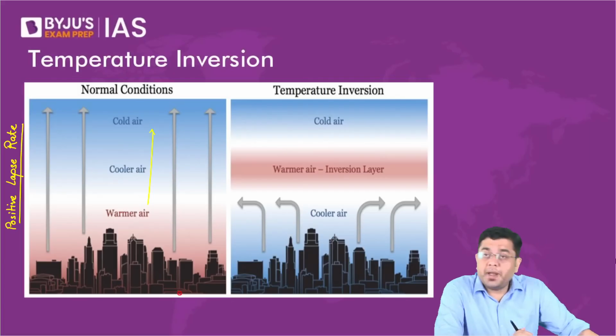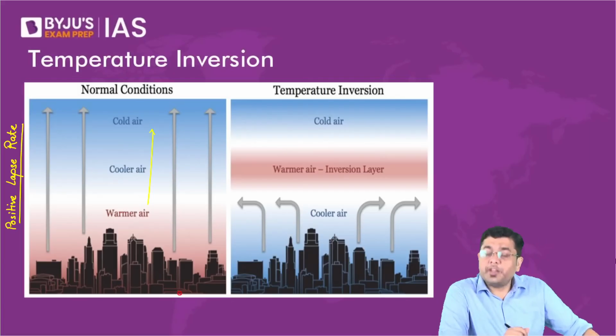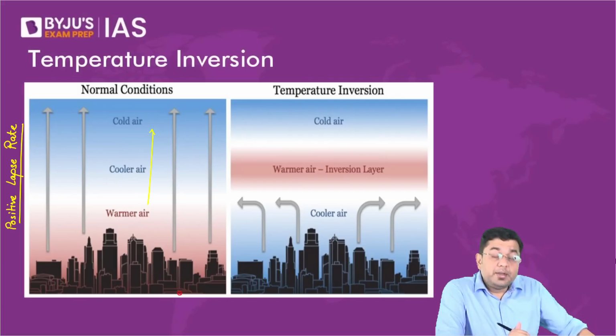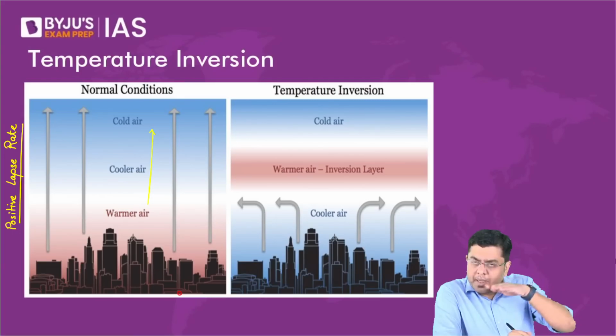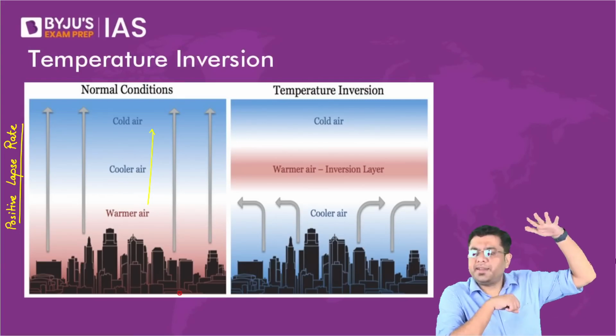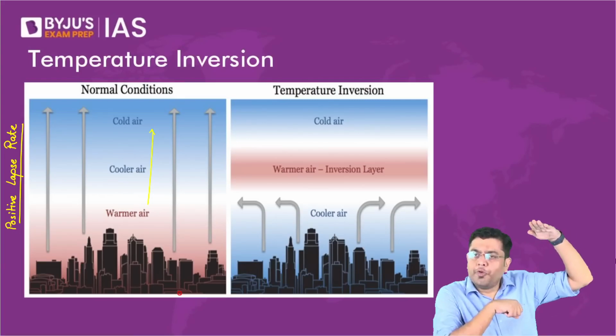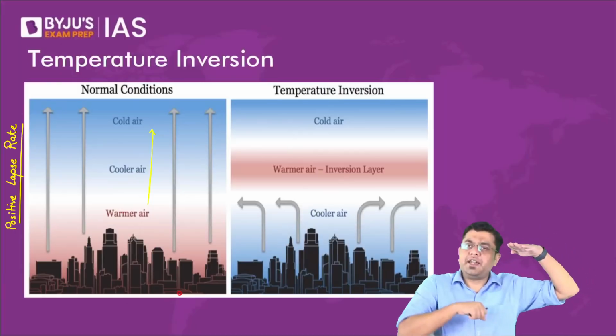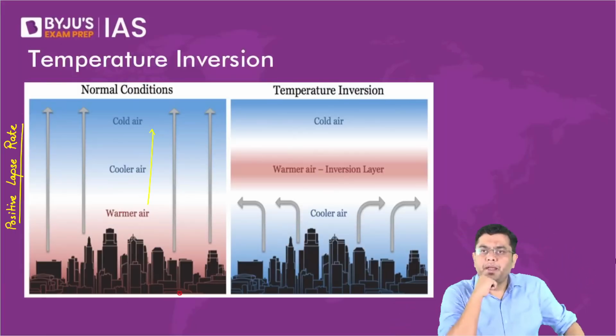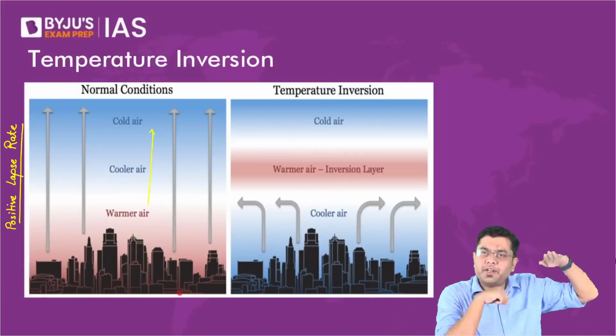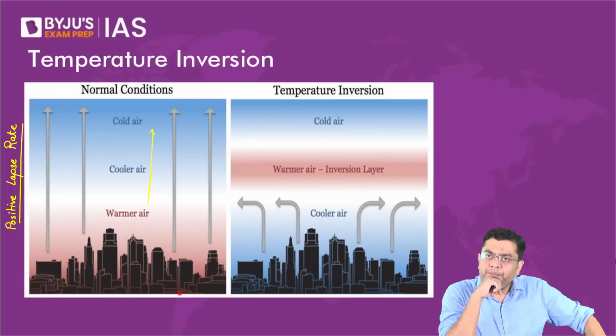Colder air is higher, warmer air is below. That is what a positive lapse rate is. Now, when the warmer air is at a lower height and colder air is at a greater height, warmer air will always have a tendency to rise up, and colder air will always have a tendency to sink down. Why? Because warm air is lighter, cold air is heavier.